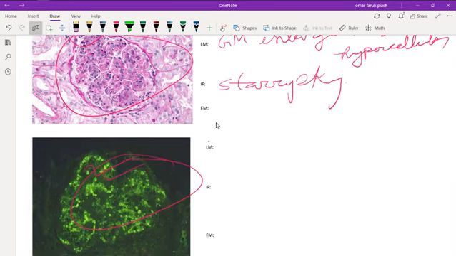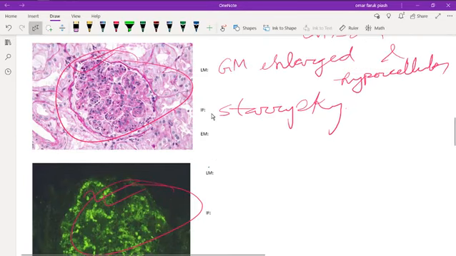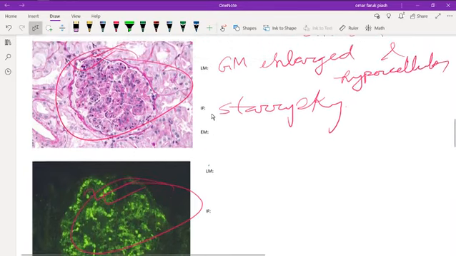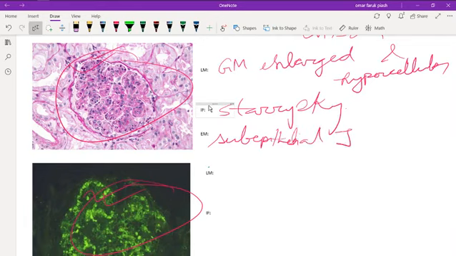This is the immunofluorescence picture of PSGN, where you get this starry sky granular appearance, lumpy bumpy, due to IgG, IgM, or IgA and C3 deposition on the GBM and mesangium. And on electron microscopy, there are subepithelial immune complex humps.